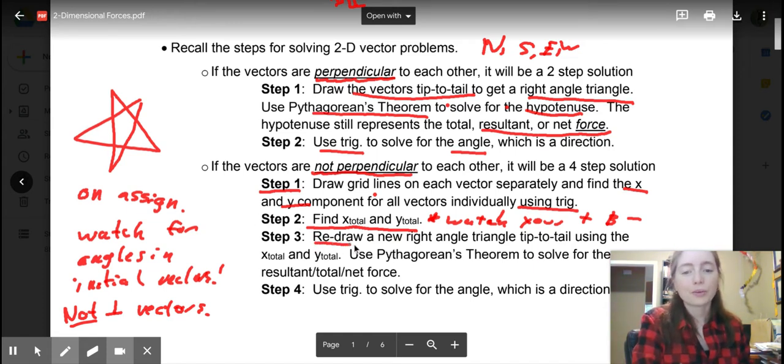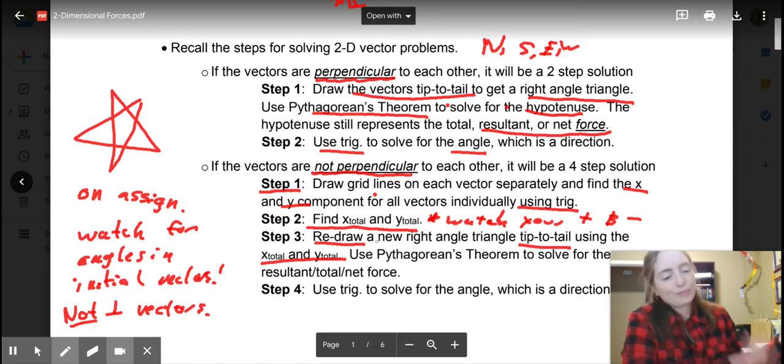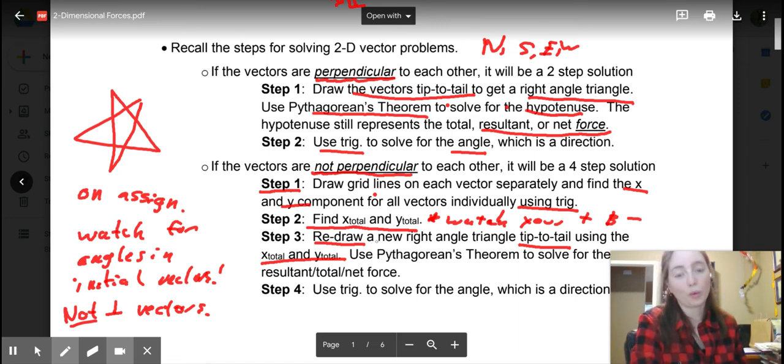Okay, redraw your new right angle triangle. Once again, tip to tail, with your x total and your y total, watching the directions. If you have a negative x total, that means it's going in the negative direction, which we generally use as west. And if you have a negative y total, it's going to be going south, unless you've designated north as negative or south as positive.